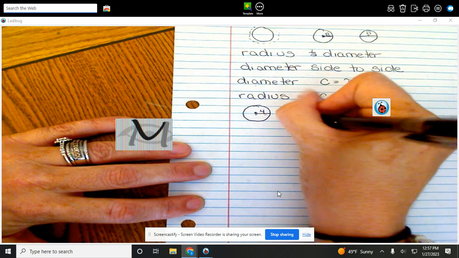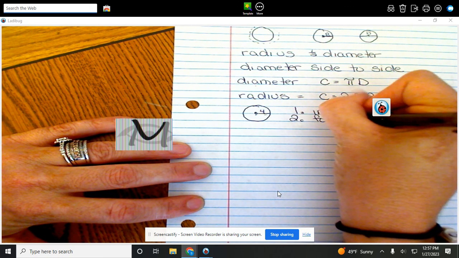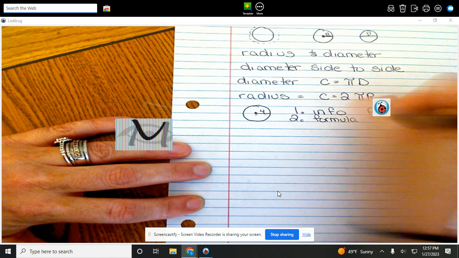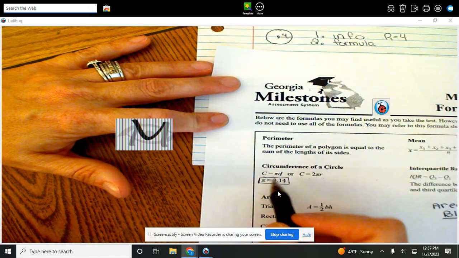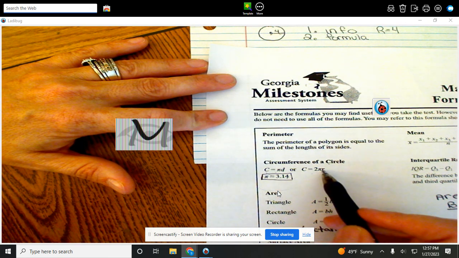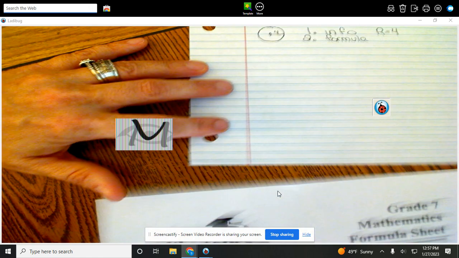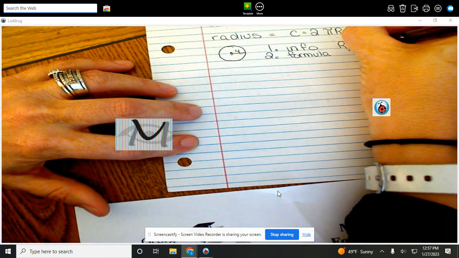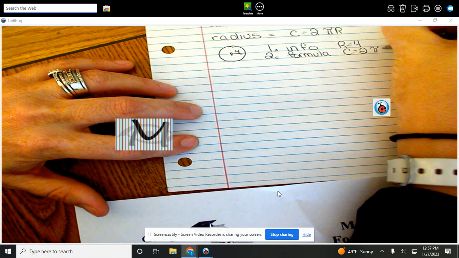The second thing is to figure out your formula. If you look back on this sheet, the formula that we're going to be using has the r on it. So C equals 2 pi r. So over here, I'm going to put C equals 2 pi r.